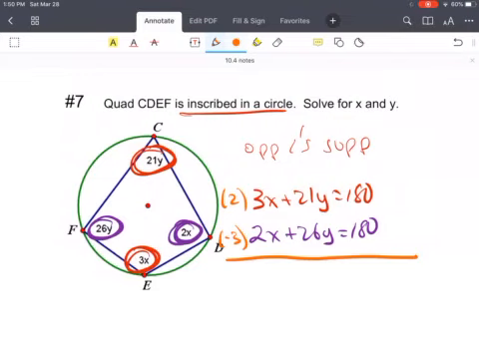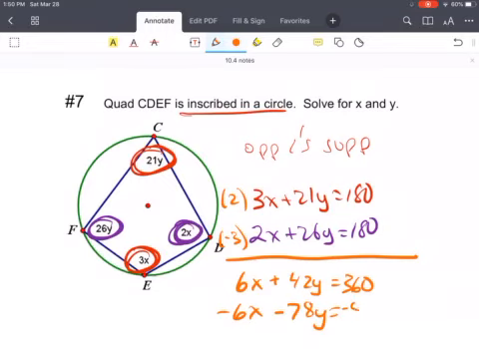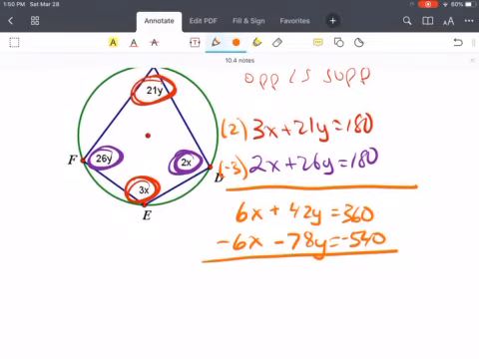I am going to choose to eliminate my x's. So I get a y value of 5.